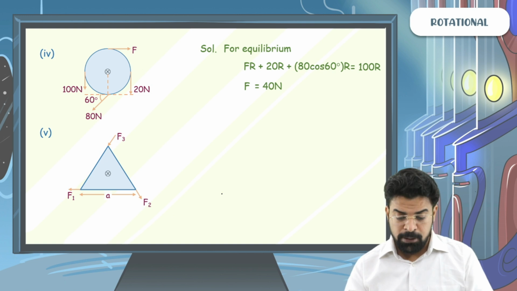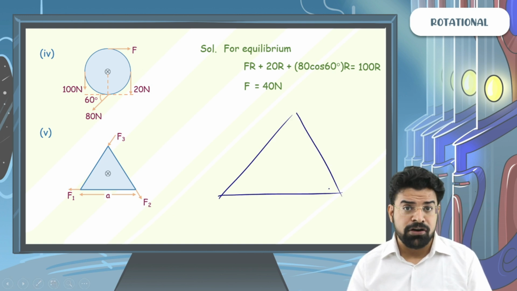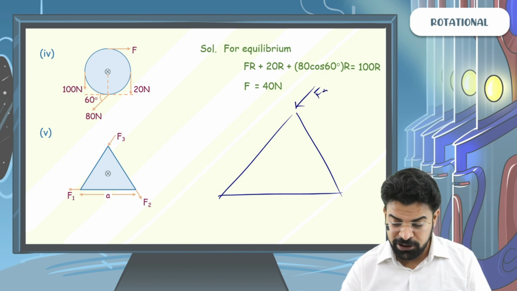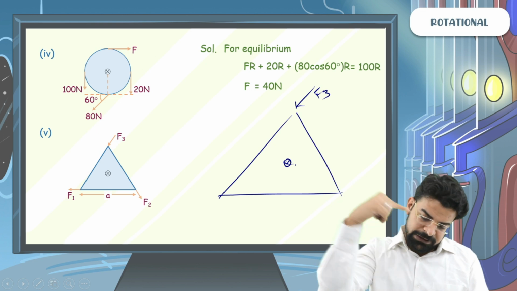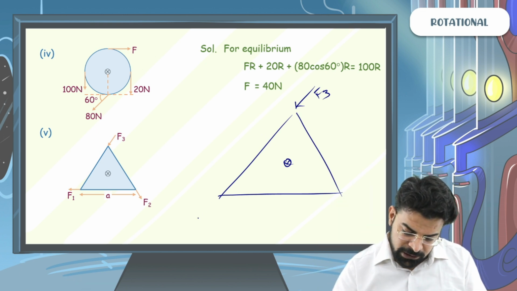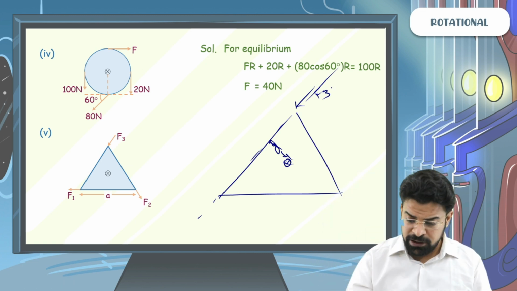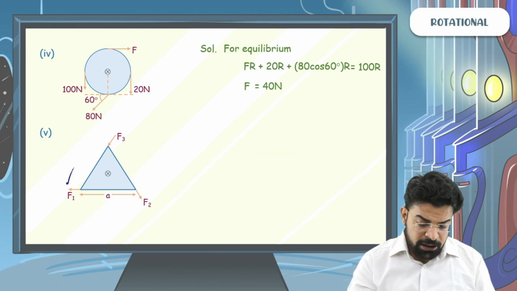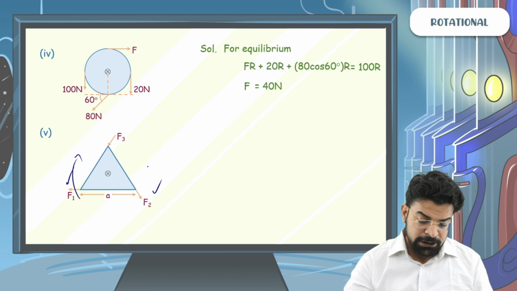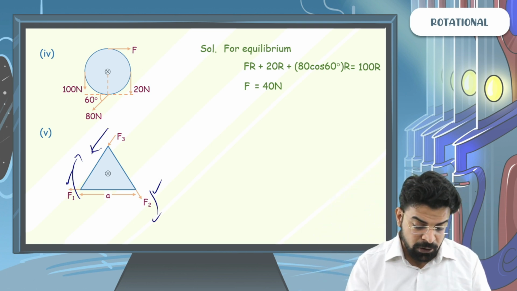Now let's talk about F3. Again, the same equilateral triangle, the force F3 and the hinge. Now F3 acts this way, and to write the torque, extend the line of action of force and write the perpendicular distance. So the torque because of F3 will be F3 into d. So bachon, F1 and F2 provide clockwise torque, while F3 tries to turn it anti-clockwise.